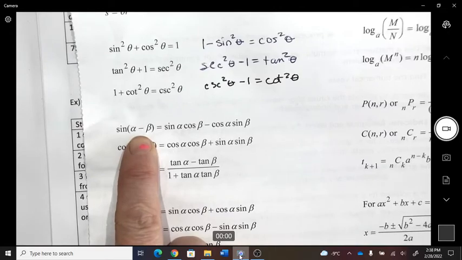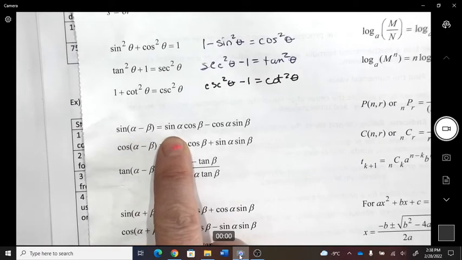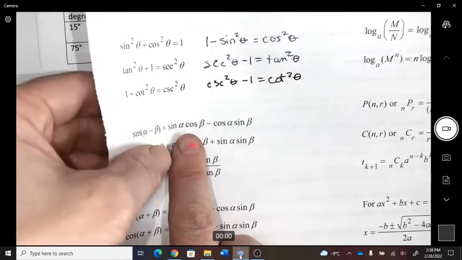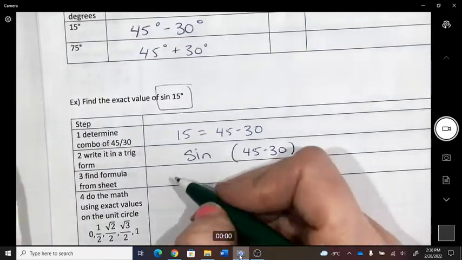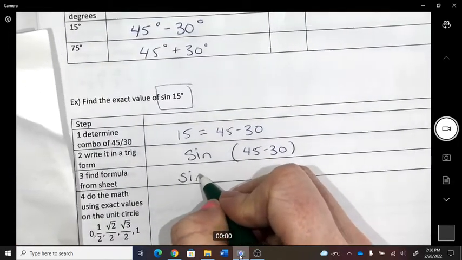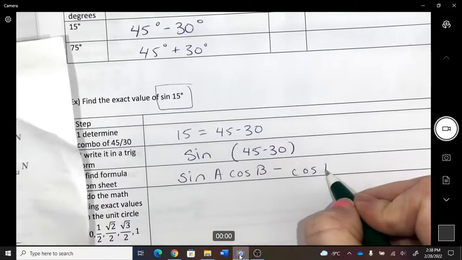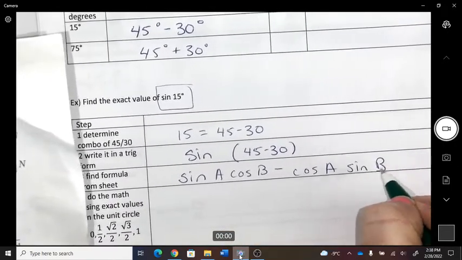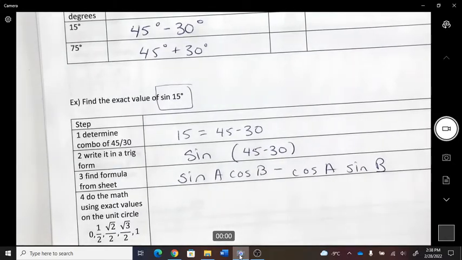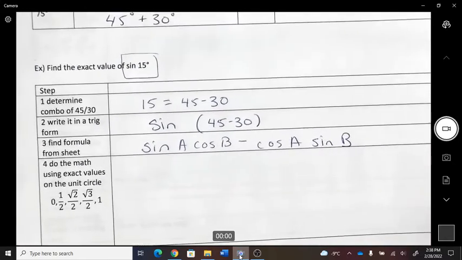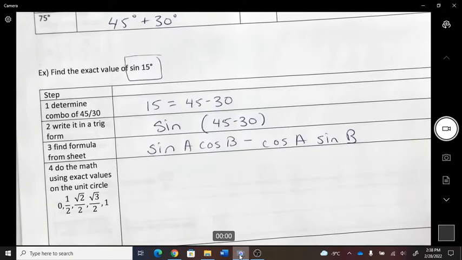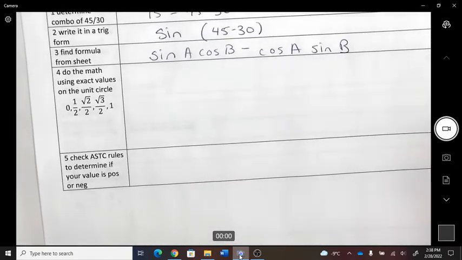Everyone's found something that looks like that? Okay, so I'm going to write this. If you want to write it, go for it. So that is the formula, and I just looked on my formula sheet, and that's what it says.